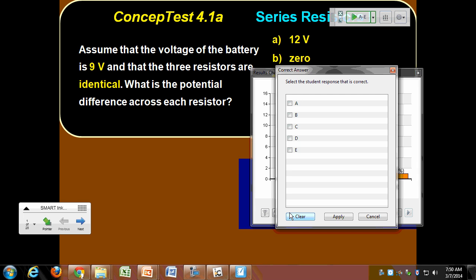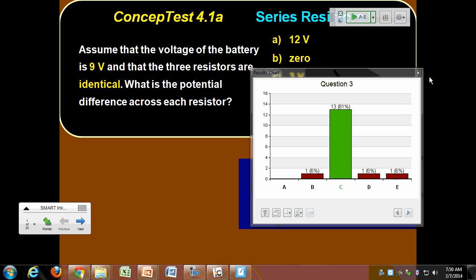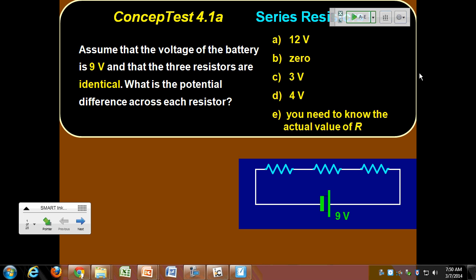Right, C is the right answer. That was 3 volts, right? C, 3 volts. Yeah. So since they're identical, they all have the same voltage. So I have 3 volts here, 3 volts here, and 3 volts there. 3 plus 3 plus 3 is 9.